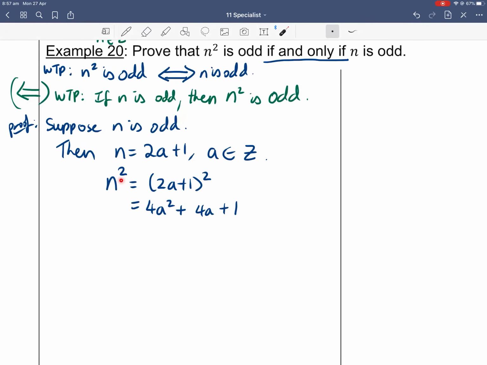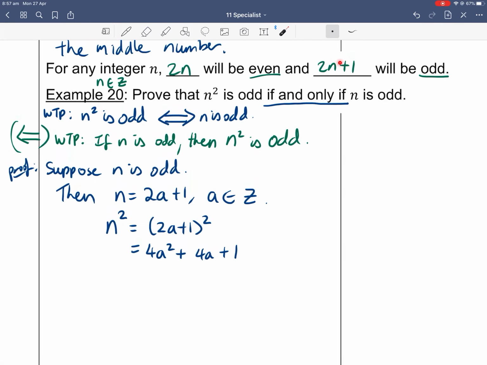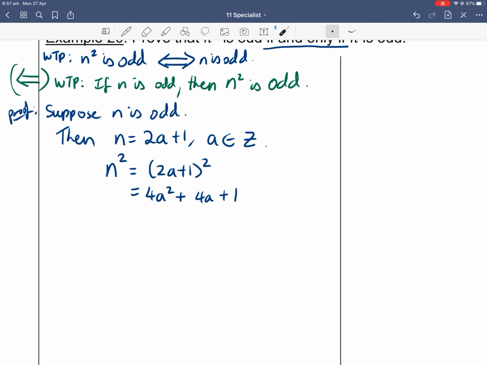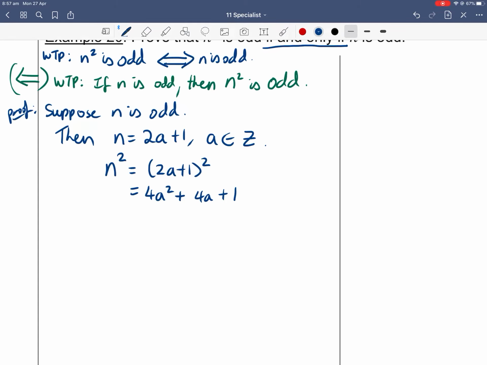We want to show that n squared is odd. So if we can rewrite this n squared expression as two lots of something plus 1, because that's the definition of odd, it's twice a number plus 1. If we can rearrange this algebraic expression to two lots of something plus 1, then we have shown that it's odd.